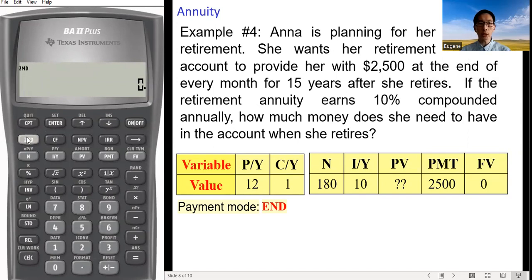The frequency worksheet, PY. PY is 12. And then CY is 1. 180 for N.